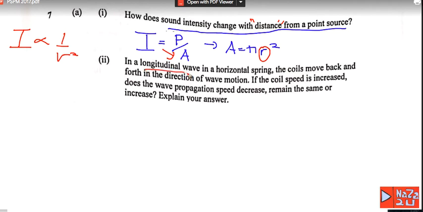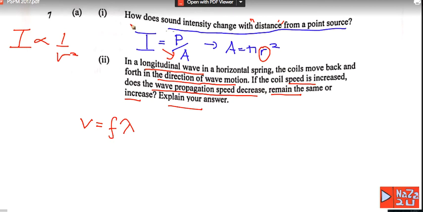A longitudinal wave: a horizontal spring coil moves back and forth in the direction of wave motion. If the coil speed increases, does the wave propagation speed decrease, remain the same, or increase? Explain your answer. So if you look at the wave speed, v is frequency times lambda.